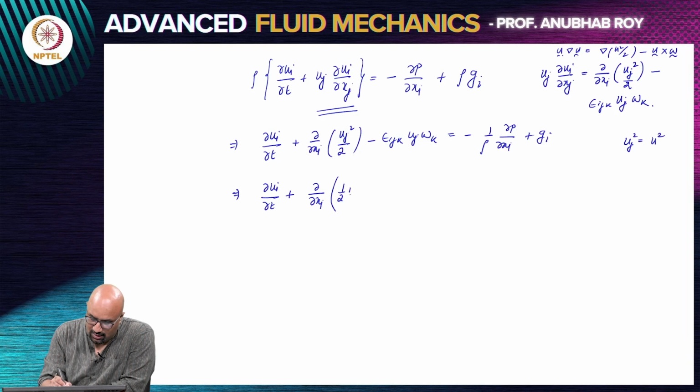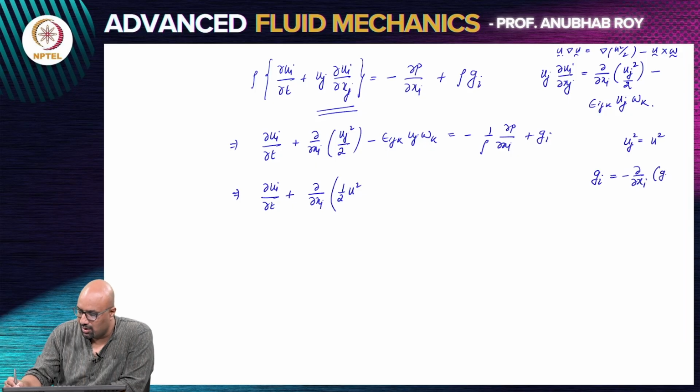So this is half u squared. Now g_i I can write as minus ∂/∂x_i of gz, because if you remember, g_i is g with a minus sign pointing in the third direction, or rather it's pointing in the negative third direction with magnitude g.